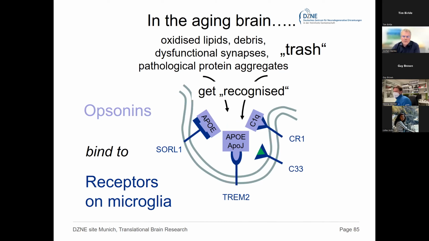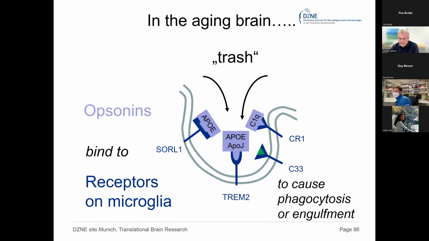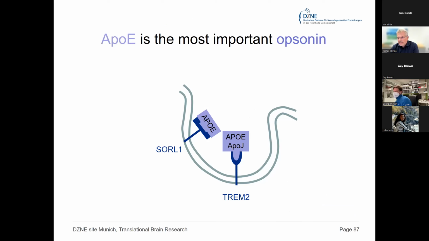And the most important receptors are Sol1, TREM2, CD33, and CR1. This receptor binding is thought to cause phagocytosis, or let's say engulfment, by microglia. So the trash is actually taken up based on this protein cascade.